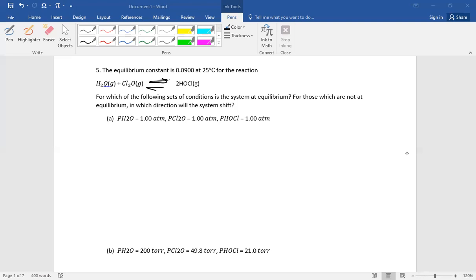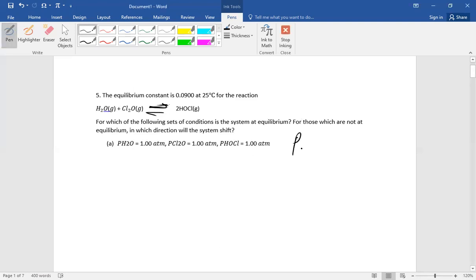So what we have here is this. These have all been given in terms of partial pressures, so we have things like partial pressure of water, in atm. How are we going to find the equilibrium constant for these partial pressures?